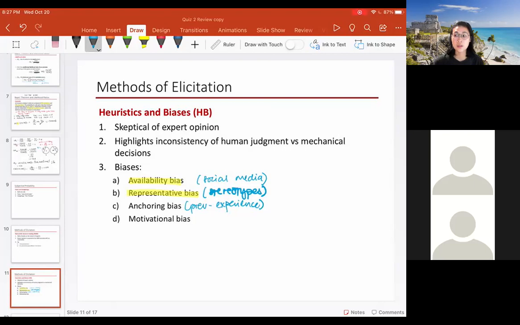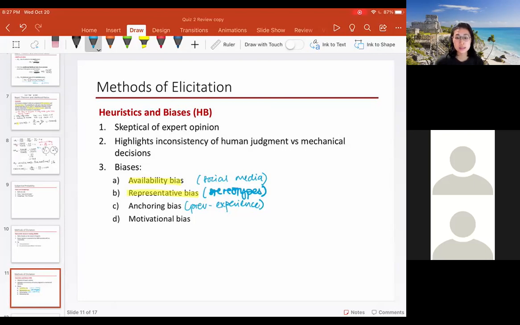It is possible. Therefore, I buy it again. That's anchoring bias. Don't get confused between anchoring and availability bias. Anchoring bias is based off your own lived-in experience. Availability bias is just how available that information is to you. It doesn't have to have happened to you yet or ever at all.